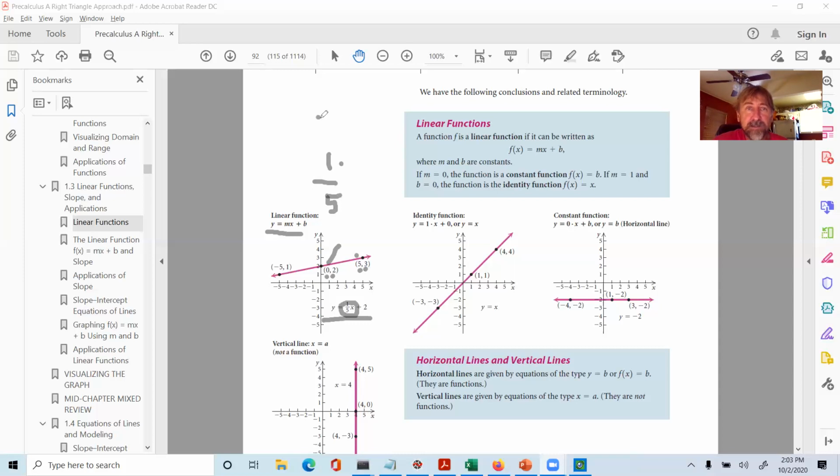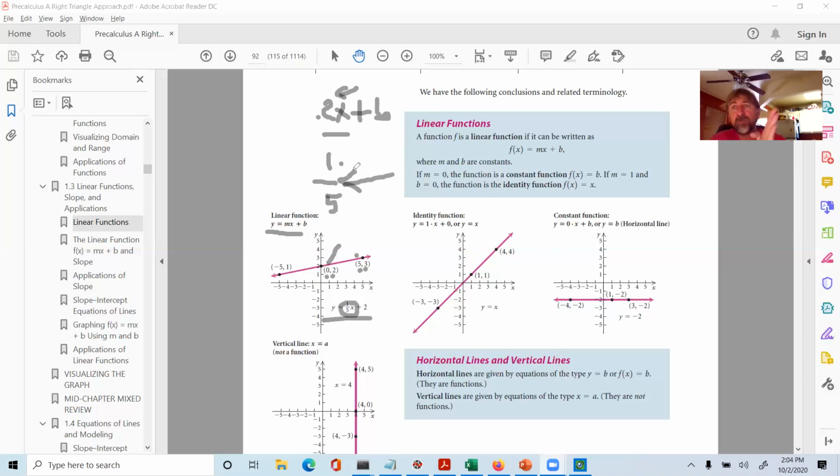If the slope is delta y over delta x, and delta x is 1, delta y here is 0.2, which is the slope 1/5.